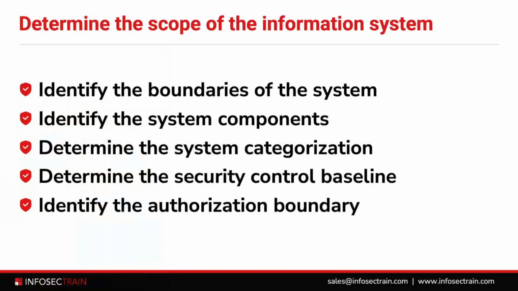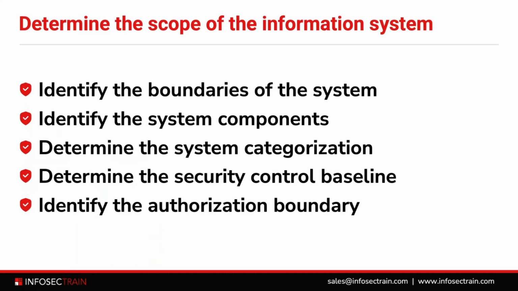Okay, so in this slide we will talk about determining the scope of the information system. It basically deals with identifying the boundaries of the system, the system boundaries. We need to define what all the system components are, and put a perimeter around the information system on the basis of the dependencies, or the channels of communication it has with other internal or external systems.